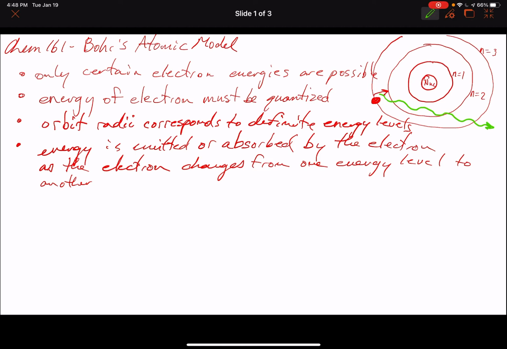So this squiggly line is shown on purpose because the energy released here is going to be a photon, a packet of energy. So we'll say that this is a photon is emitted. And of course, the energy of that photon corresponds to Planck's constant times the frequency of that wave.